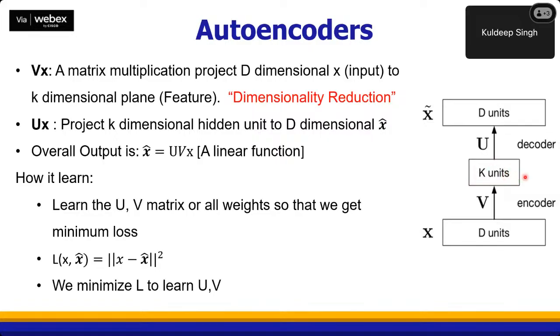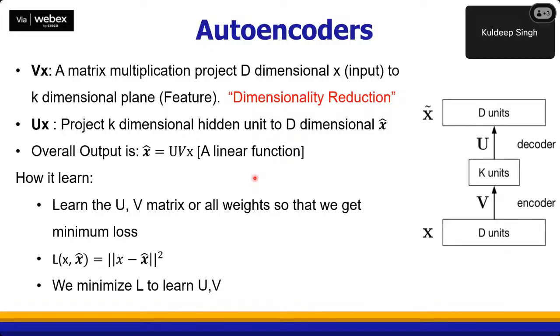We call it features, and this is basically the dimensionality reduction. And then the decoder function U projects the k-dimensional feature space back to d-dimensional X cap. So the overall output, X cap, will be U applied over V of X, which is nothing but a linear function.